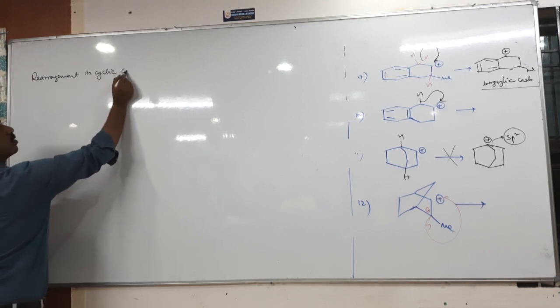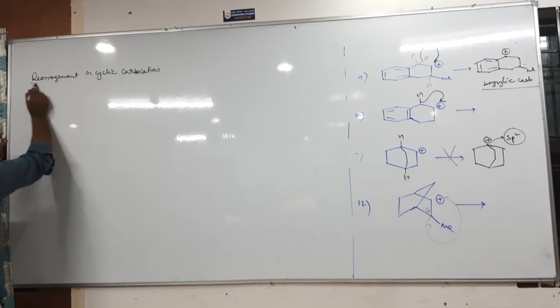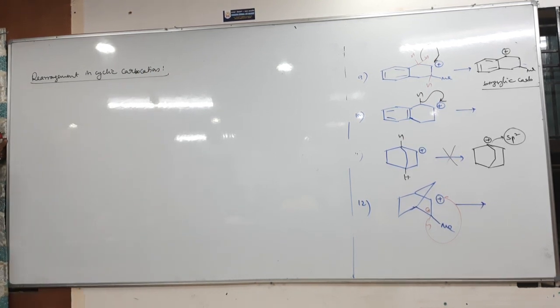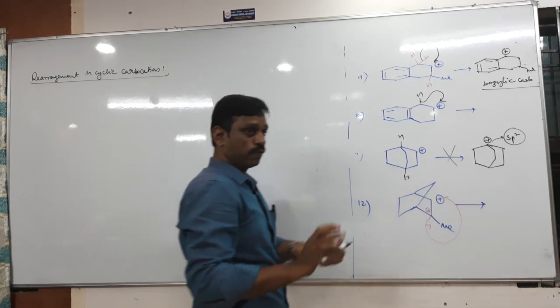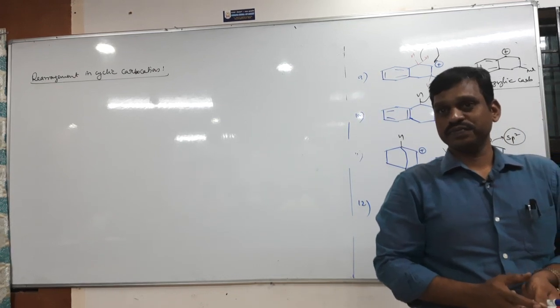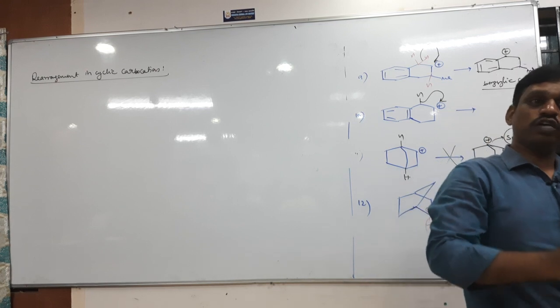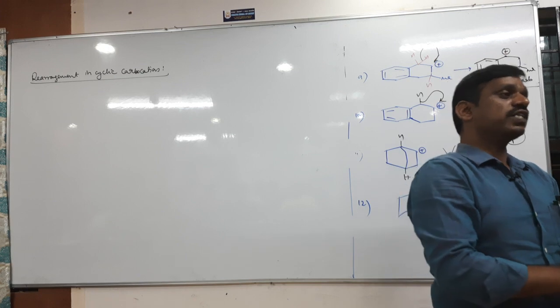In a cyclic carbocation, in a cyclic ring, two types of rearrangement take place. One, the rearrangement takes place by expansion of the cyclic ring. It is by expansion of the cyclic ring, meaning the ring opens and a new ring is formed. That is called expansion.